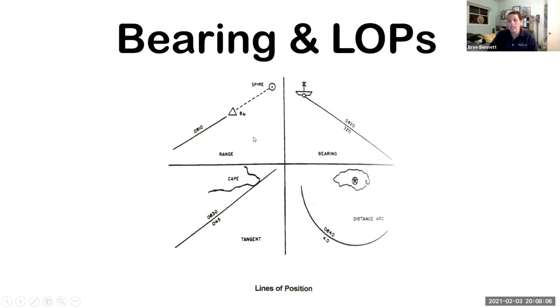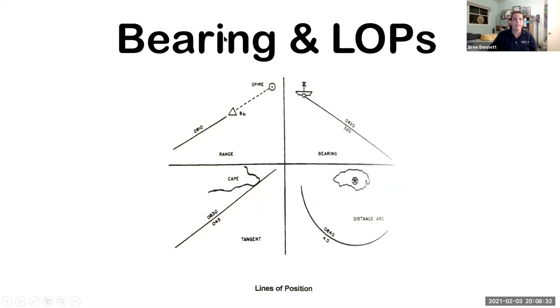A bearing or an LOP is what we use as a way to get position, if you will. LOP stands for line of position. The technical definition is basically infinite possibilities along a line.